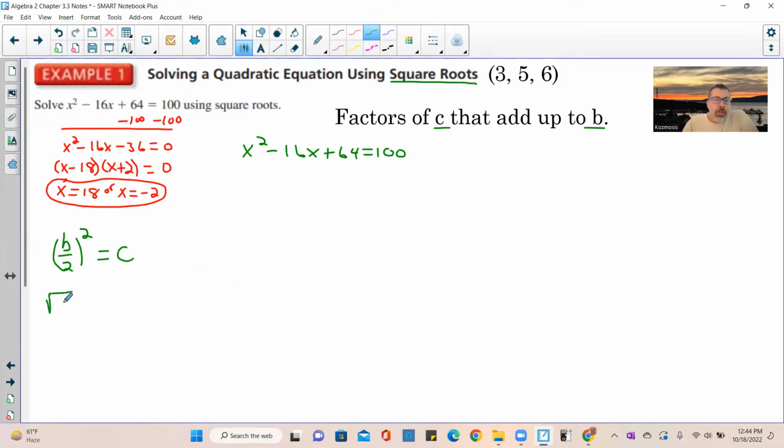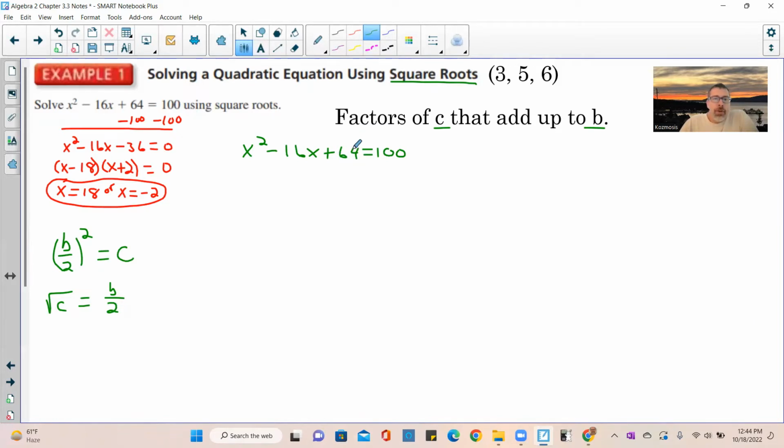Or the square root of c equals b divided by 2. What I'm saying is I want to see if this is a perfect square, and it is.